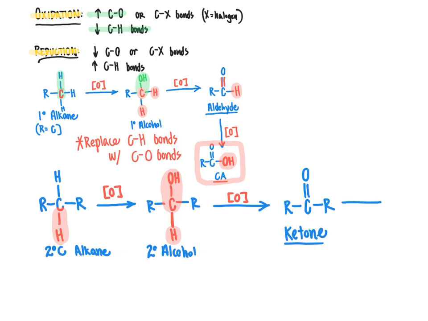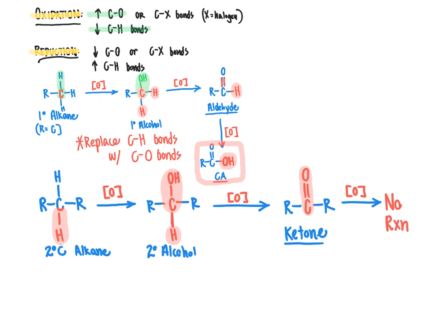Then we could try to further oxidize this. Remember that the key to oxidizing our carbon atoms here is replacing carbon-hydrogen bonds with carbon-oxygen bonds. At the site that's being oxidized, our ketone carbonyl group, we have no more direct bonds to hydrogen available, and therefore we would generally see that this would undergo no further reaction, so this can't be further oxidized.